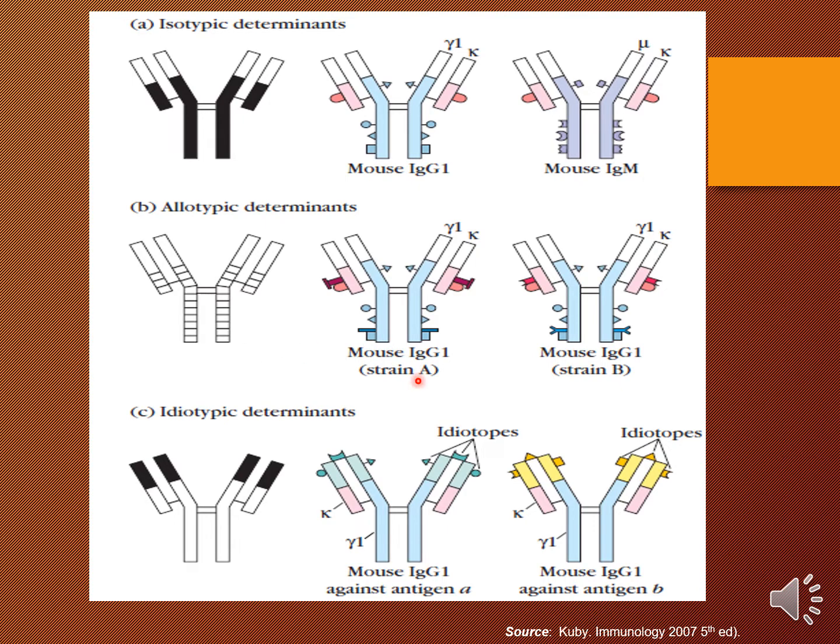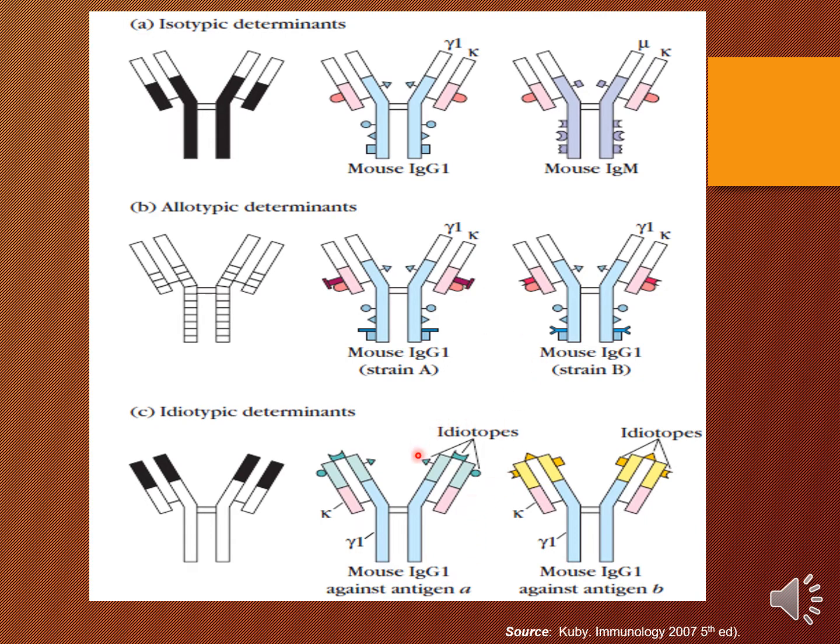In the allotype, they come from the same organism, the same immunoglobulin class, but different strains. We can see here a slight difference in the receptor found in the antibody molecule for the first strain A, and in strain B, it's a little different from that of the first strain.